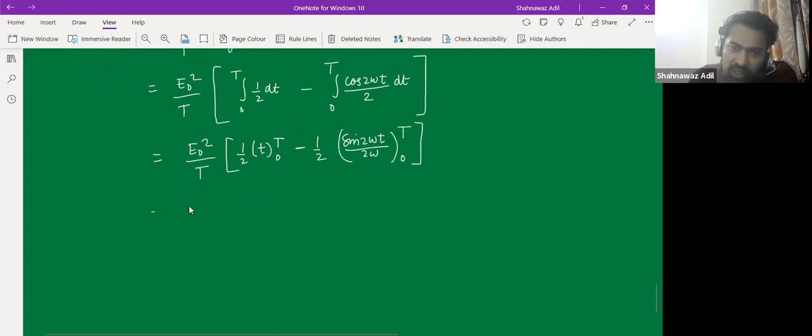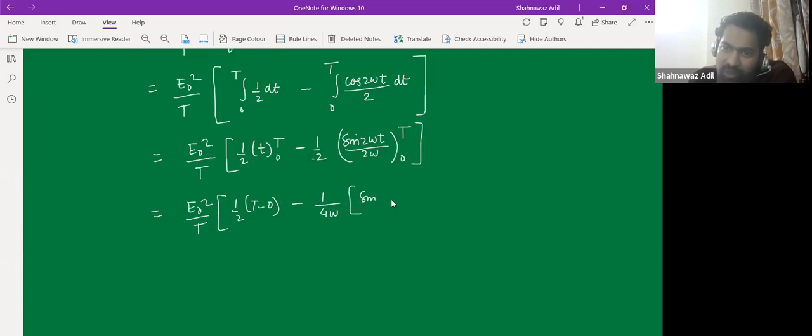We will get E naught square by t, this is half t minus 0, and this is half, 2 omega, 4 omega outside, so sine of 2 omega t minus sine of 0.